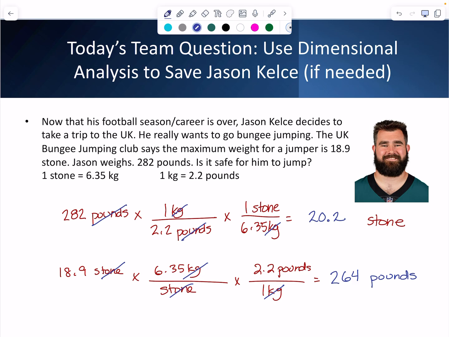Okay. So, if you recall, last time we ended with essentially a unit conversion problem, but we had to go through two different units to get the information we needed.